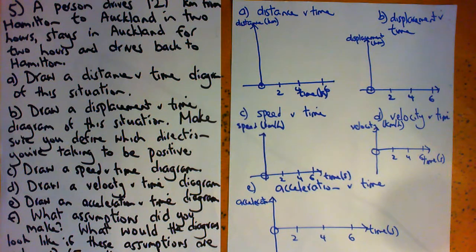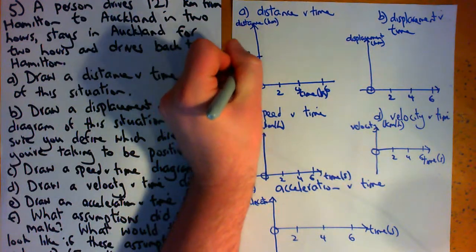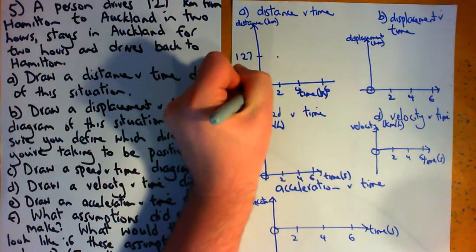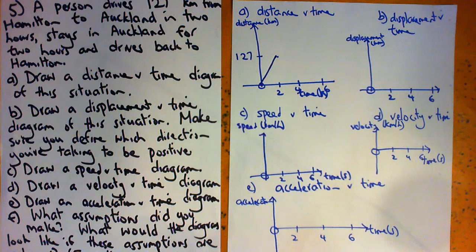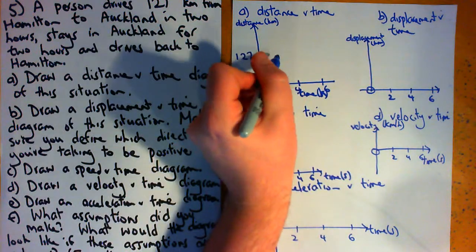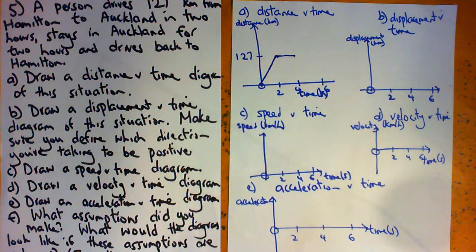So after 2 hours they will have travelled 127 kilometres, so 127 kilometres in 2 hours, and we'll draw a nice straight line connecting those 2 points. Between the 2 hour and 4 hour mark they don't move, so there is going to be no change in distance, which means a horizontal line.